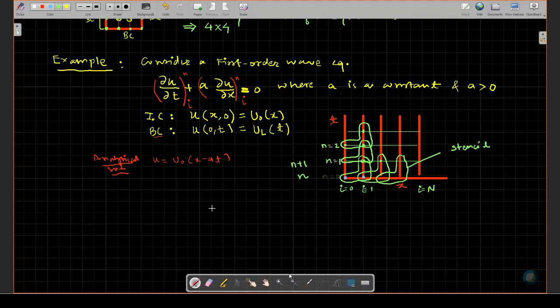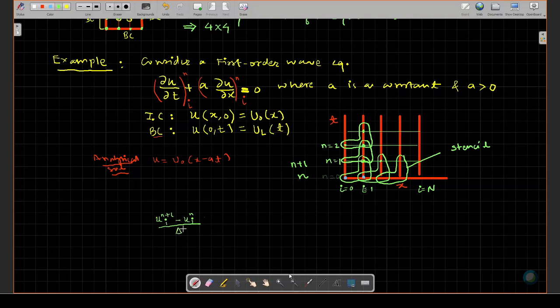With that stencil, we can consider the first expression, del u by del t. You can write u at n plus 1 minus u at n over delta t, with i not varying. In the previous case also I showed that it is not varying with respect to space; it is varying with respect to time.